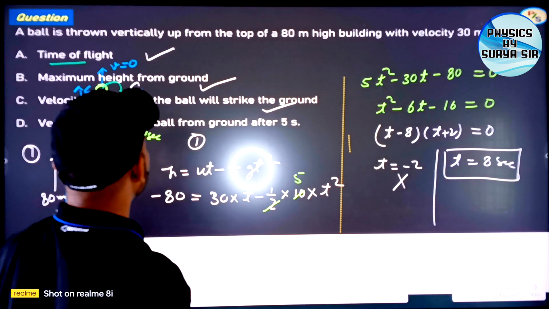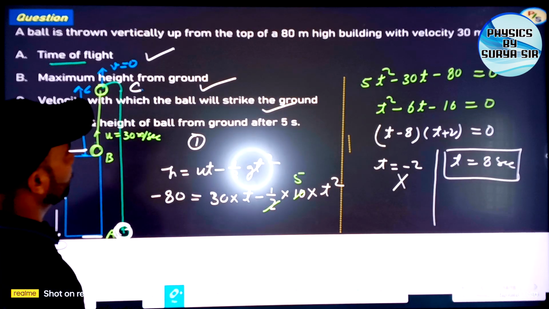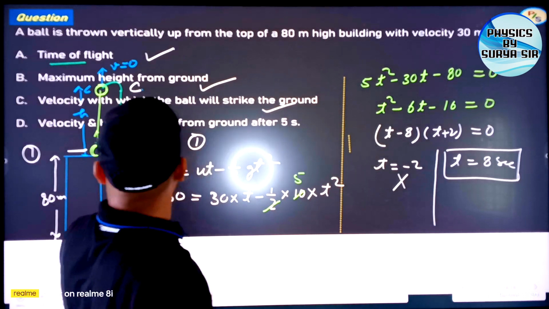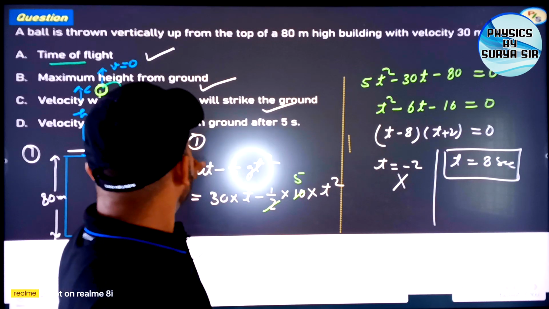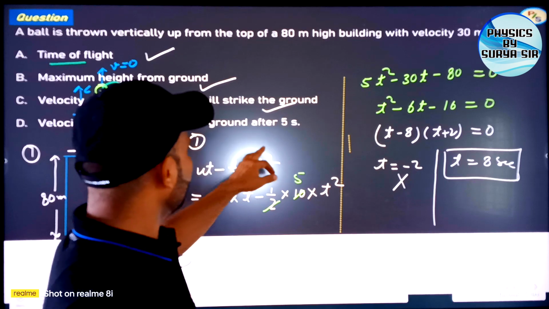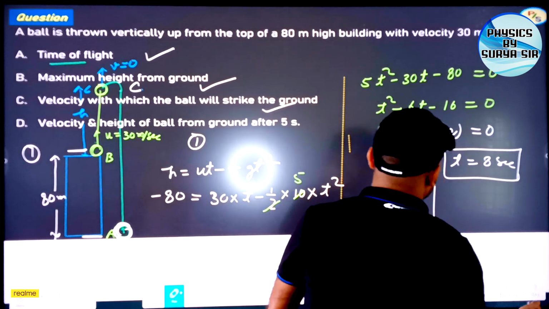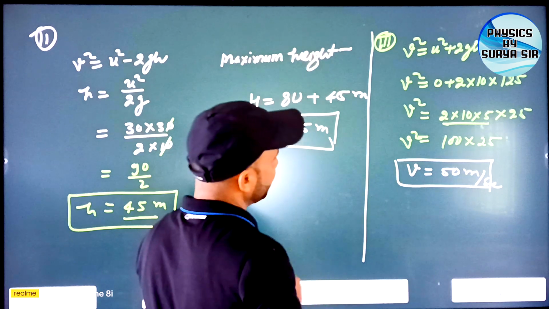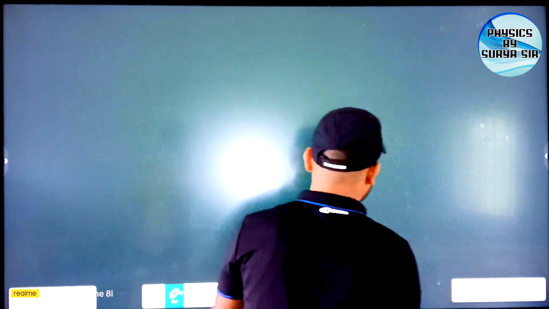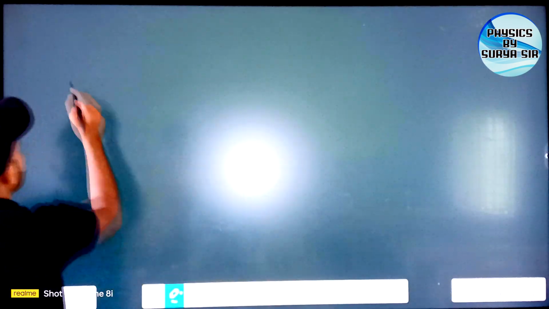Velocity and height of the ball from the ground after 5 seconds. What will be the height of the object and the velocity of the object after 5 seconds? Okay, so this is the fourth case.